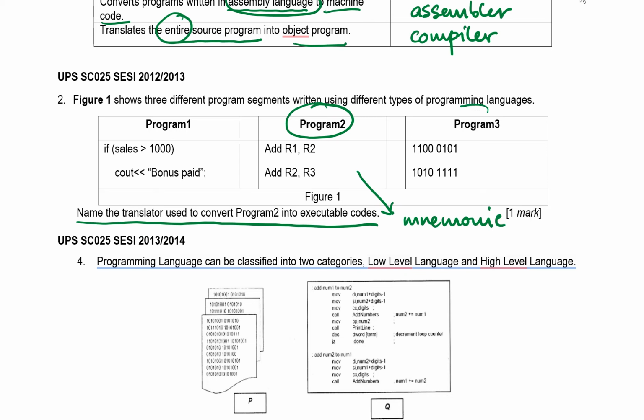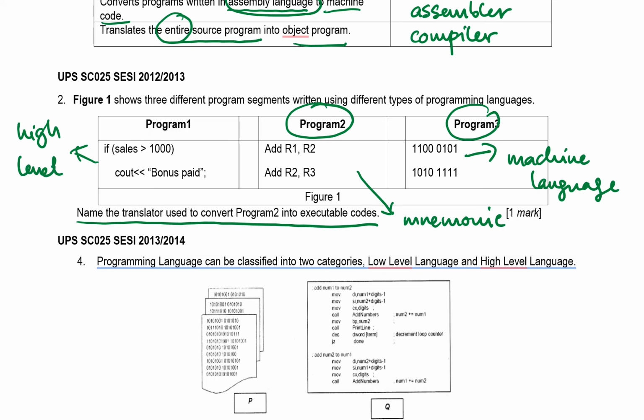This one, program 3, if you see here 01001, is a machine language. And this one is of course a high level language, actually a pseudocode. It could be interpreter or compiler.